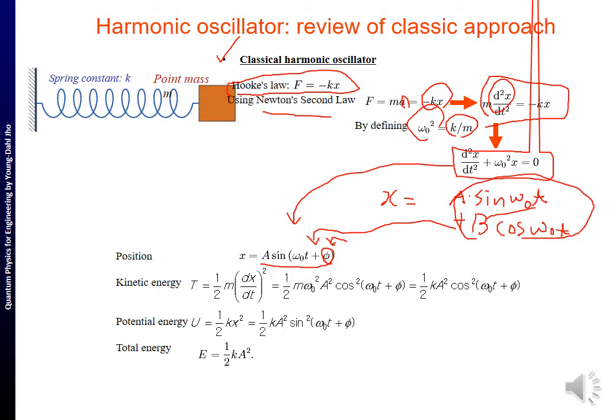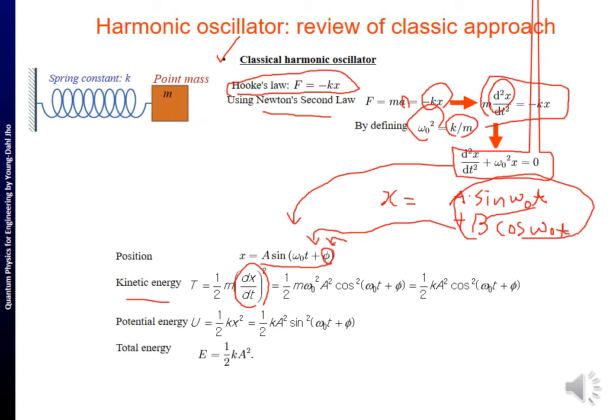And kinetic energy T is equal to 1/2 mass m times velocity v squared. So velocity v is shown here, dx dt. So we take the time derivative, then as you can see, omega a, the sine becomes cosine, right?